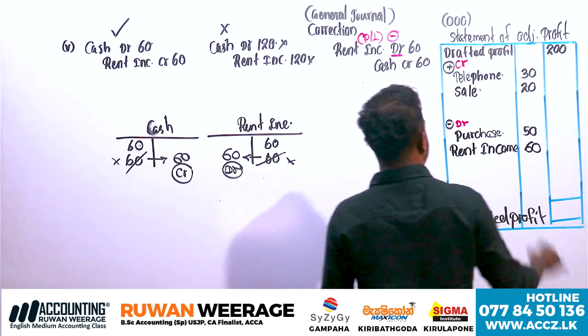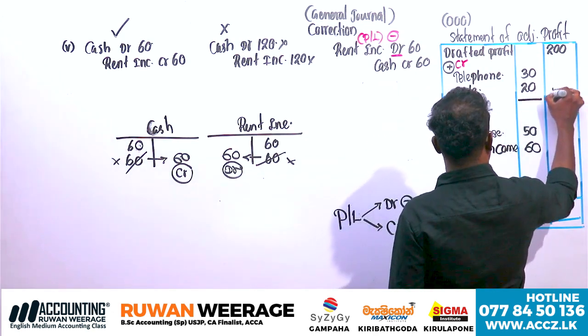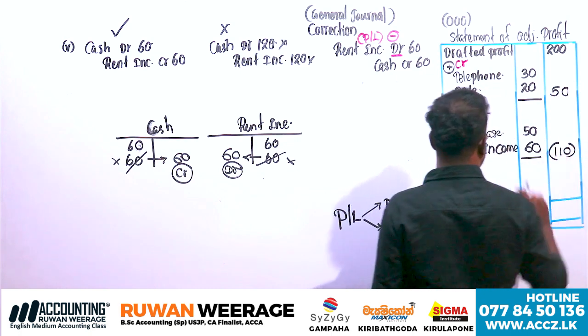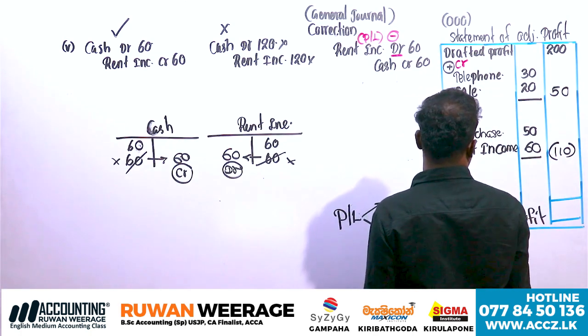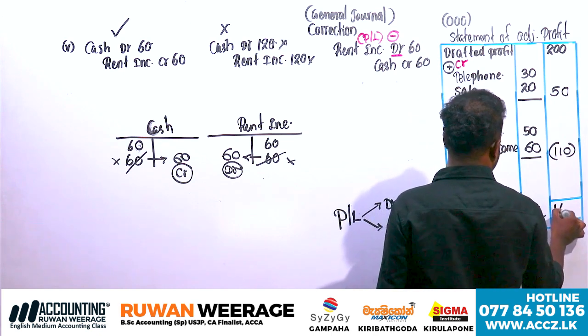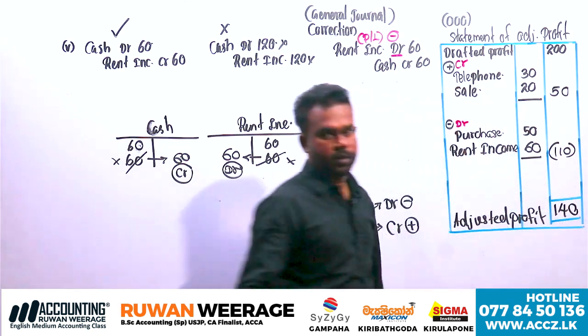That's all. Please adjust the profit. Here 50, here 110. How much to adjust the profit? 140.